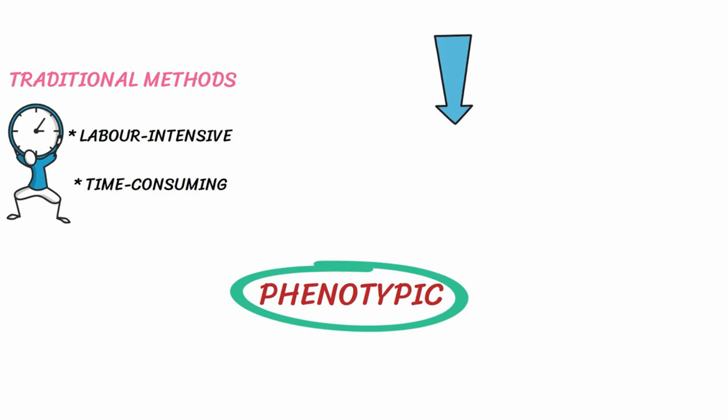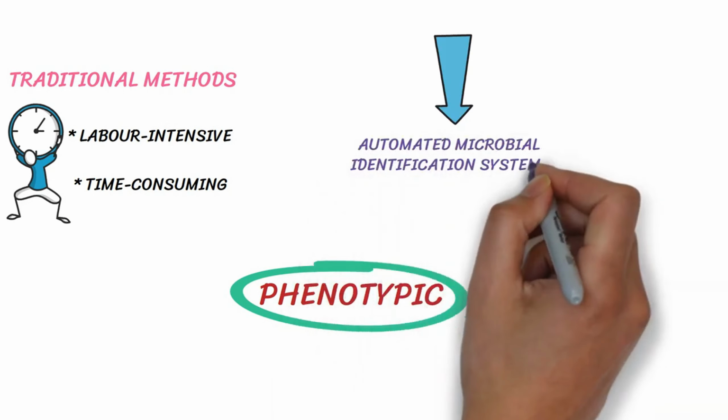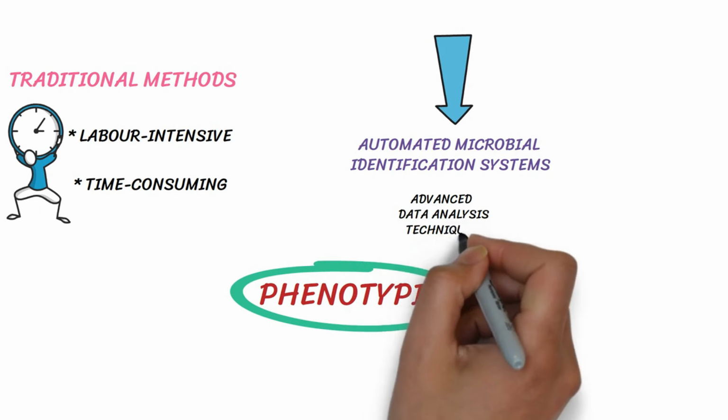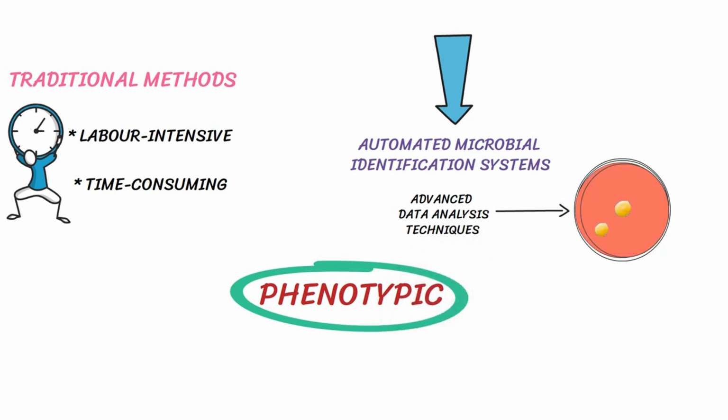The advent of automated microbial identification systems has transformed the way we approach this critical aspect of microbiological research and practice. Automated microbial identification systems have brought advanced data analysis techniques to identify microorganisms rapidly and accurately. These systems have emerged as vital tools for laboratory technicians.